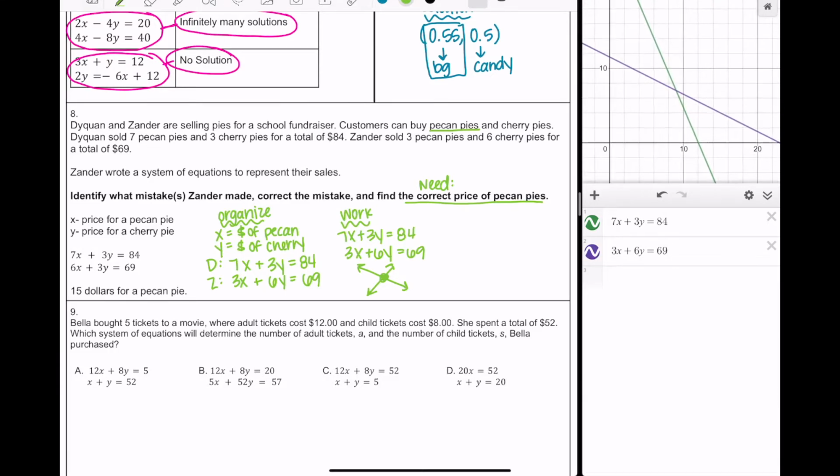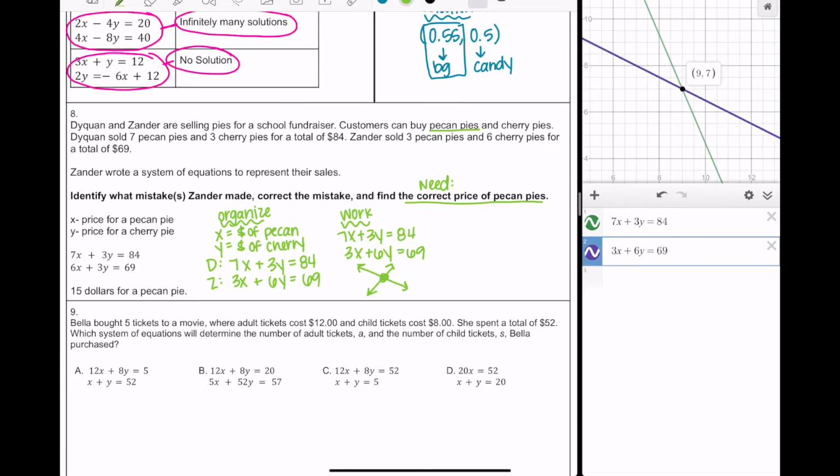I'm going to have to zoom out some and then zoom back in. So we have the point for our solution, 9, 7.